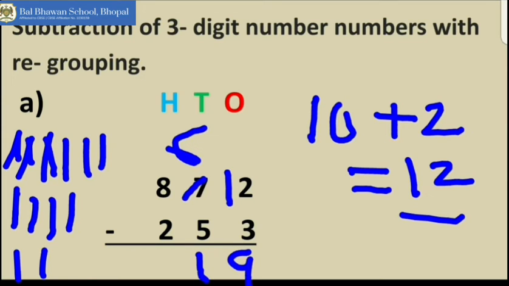Now one more place value is there, that is hundreds, because we are doing subtraction of 3-digit numbers. So here 8 is there. So we will be doing 8 minus 2. Okay. So you can use your finger, you can draw 8 lines.